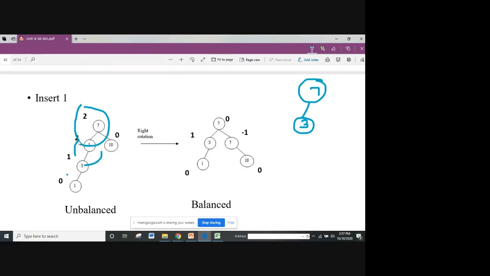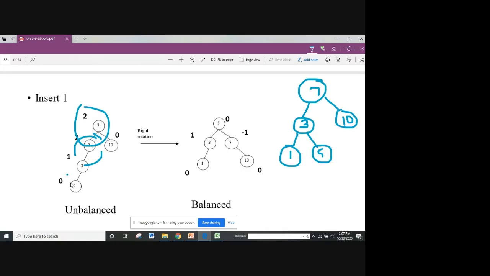So I am doing it like this. With 3 going up, on the right side of 3 I get 5, and on the left of 3 there is 1. Now 7, and the remaining I'll keep as it is. Is that right? I have made a right rotation. Is it right or not?